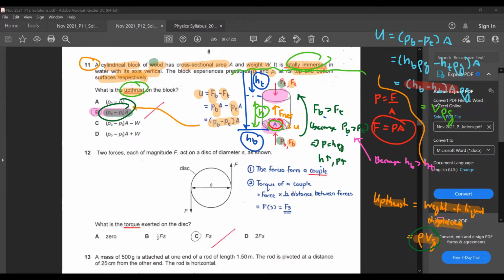V is the volume of your cylinder, which is also the volume of liquid displaced, multiplied with the density of the liquid, multiplied with g. This gives you the weight of liquid displaced. So it's also correct to say that upthrust is rho Vg, but the one you have here is the equation before you got to rho Vg.